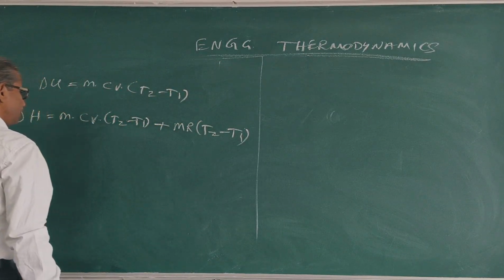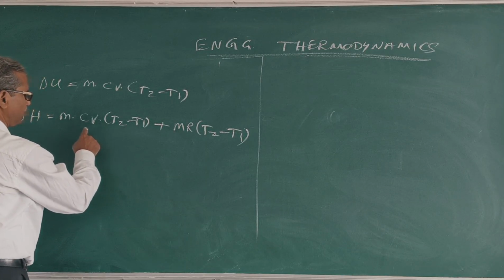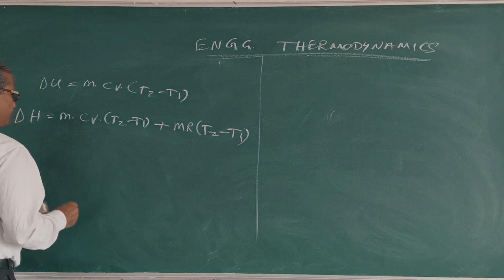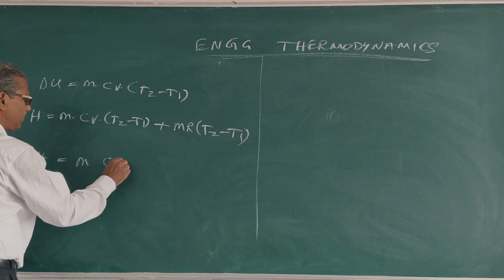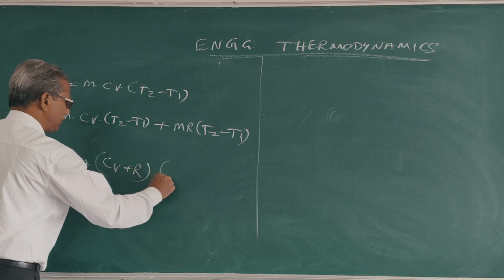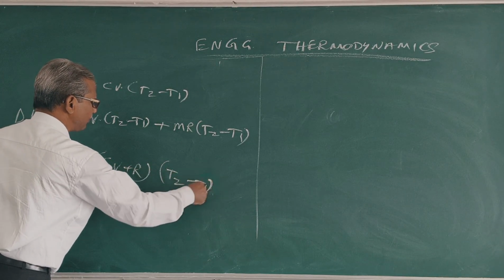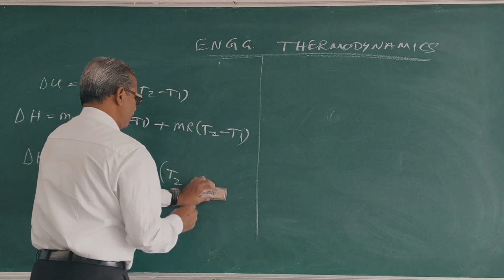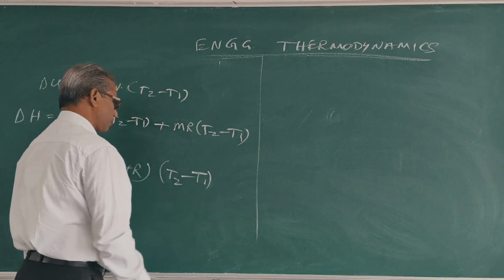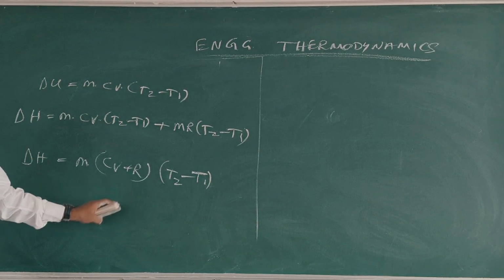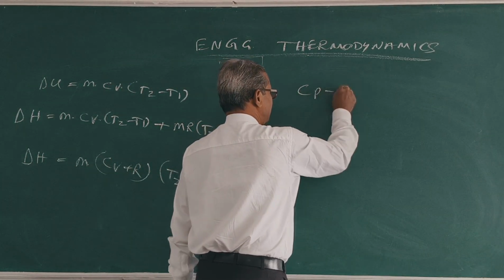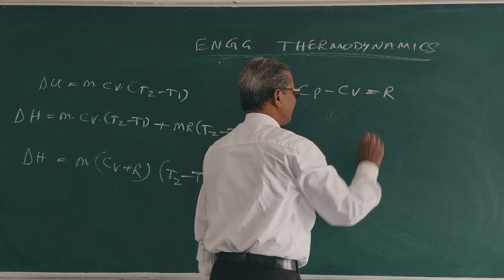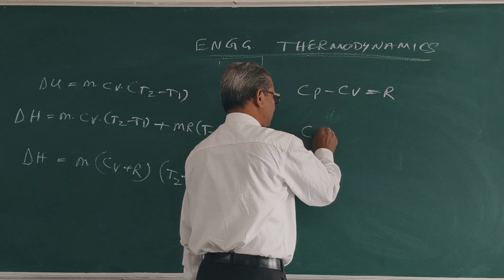Now, common T2 minus T1 and m. So, del H is equal to m Cv plus R T2 minus T1. What is Cv plus R? I will derive Cp minus Cv is equal to R. What is Cp is equal to?